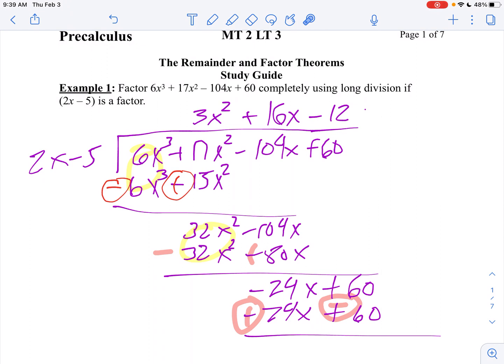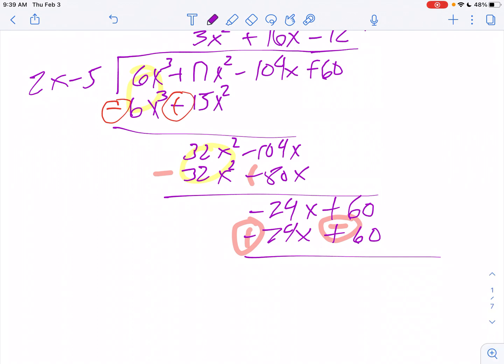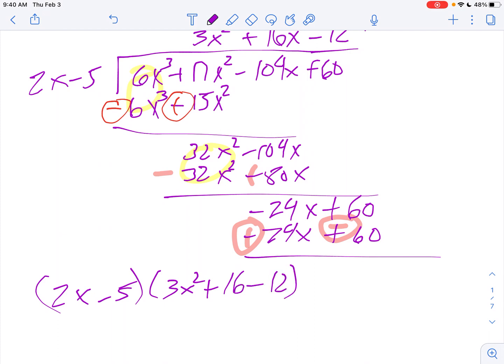Now I want to completely factor this. So let's go through this part. So I'm going to have 2x minus 5 times 3x squared plus 16x minus 12. Now the question is, can I factor that 3x squared plus 16x minus 12? I think I can.